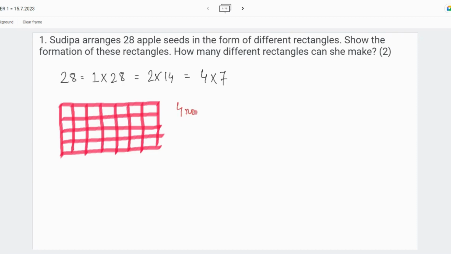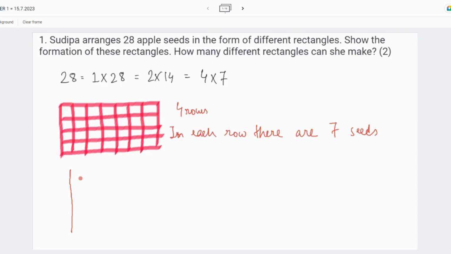So here we have the rectangle. We have 4 rows, and in each row there are 7 seeds.